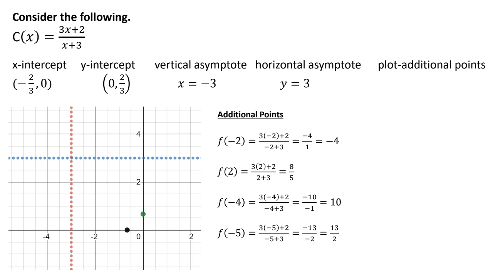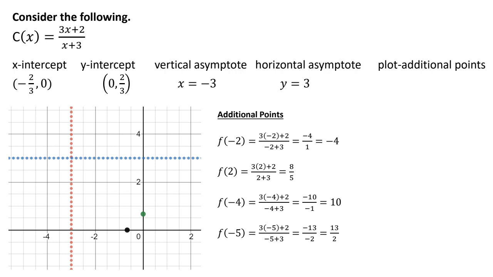So when x equals -2, my y value is -4. When x equals +2, my y value is equal to 8/5. Okay, so now let me pick x equals -4 and x equals -5, which are the same points that I had picked before. And when I do this for x equals -4, I have a y value of 10. And when x equals -5, I have a y value of 13/2, right?